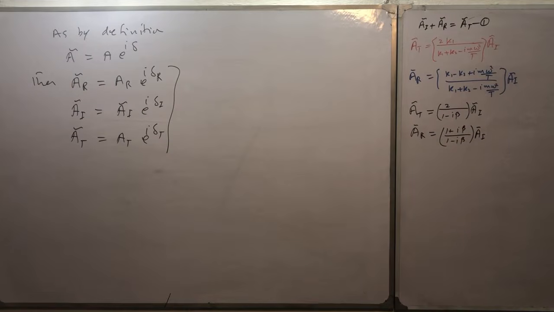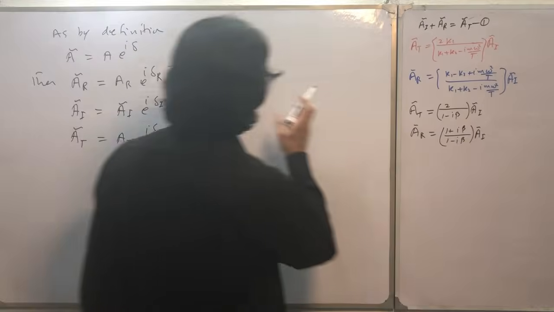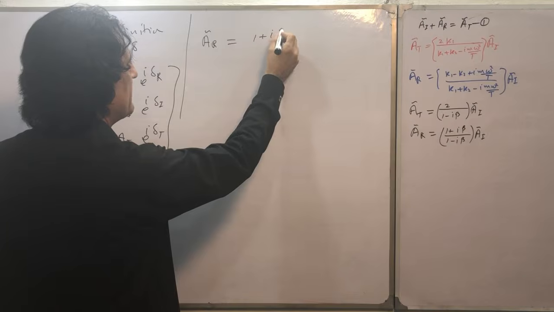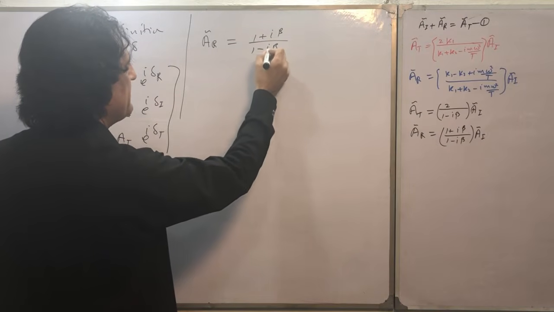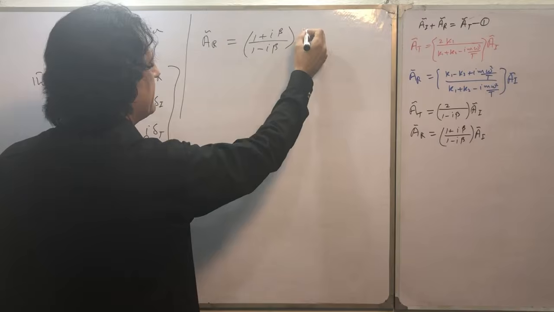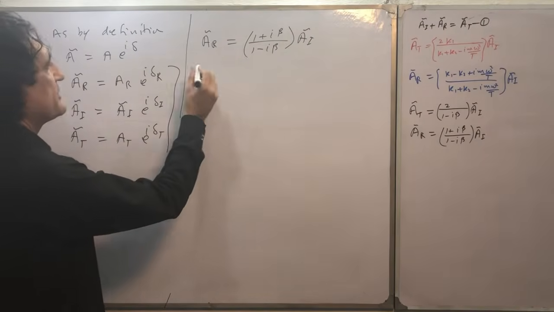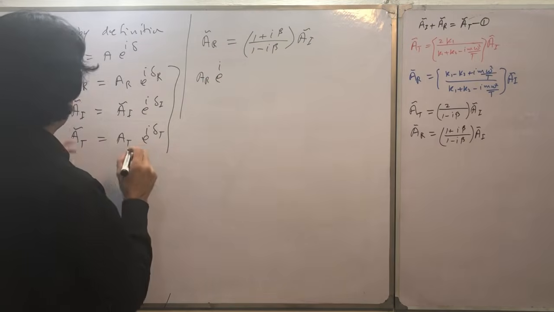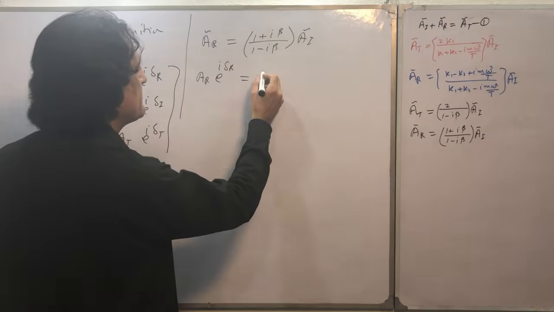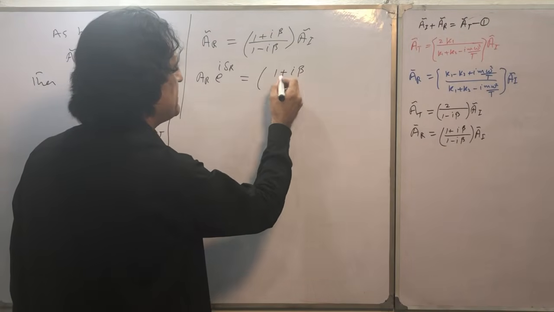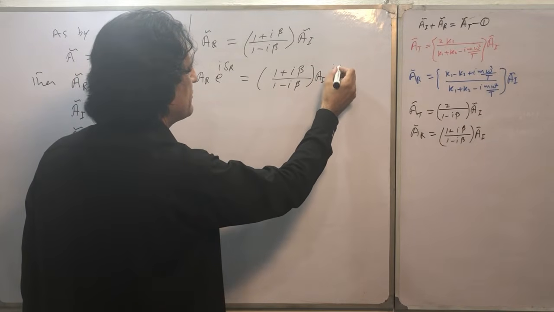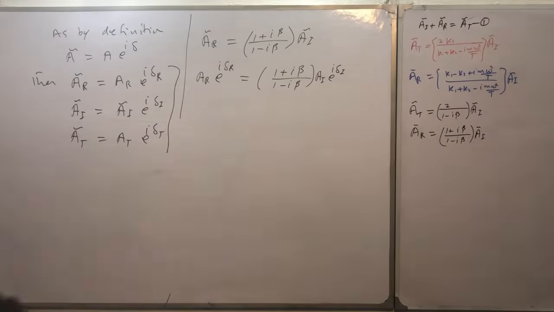Now consider this equation: AR is equal to 1 plus iota beta divided by 1 minus iota beta, and AI, and putting these values, AR e to the power iota delta R is equal to 1 plus iota beta divided by 1 minus iota beta, and AI e to the power iota delta I. So this is a very simple one.